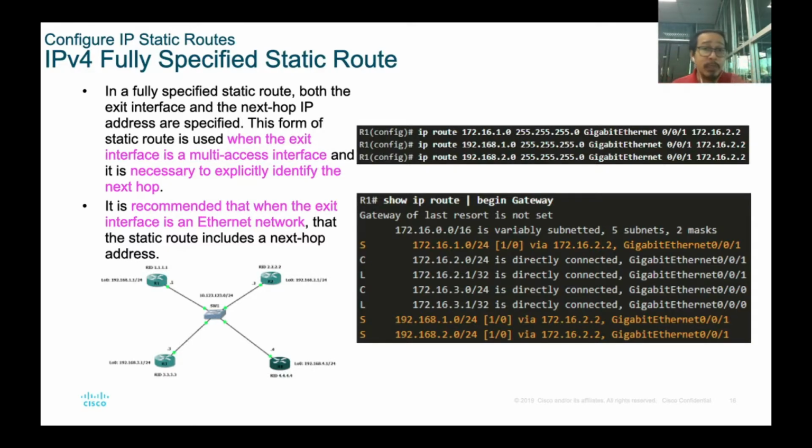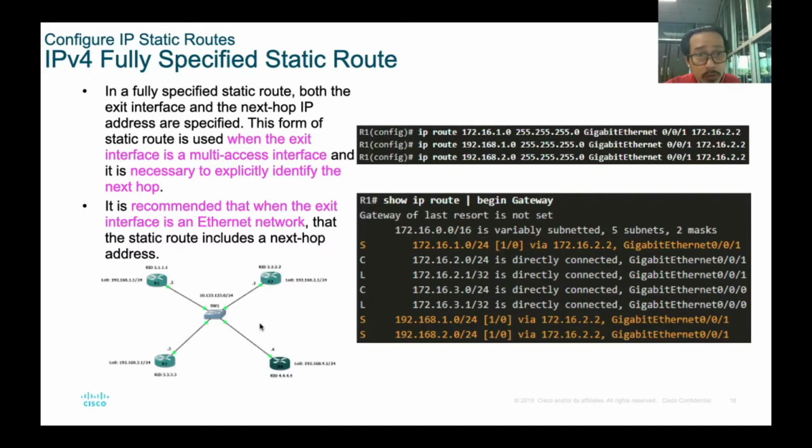When we call it a multi-access interface. A multi-access interface is a situation like this, where you have a connection from one router to a switch, which is also connected to several other routers. So R1 on interface GigabitEthernet 0/0/1 is not logically connected to one device only, but to 3 other routers if we refer to this diagram.